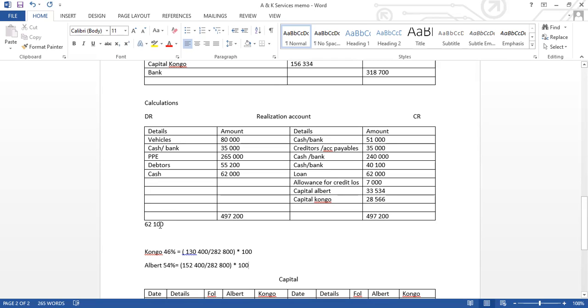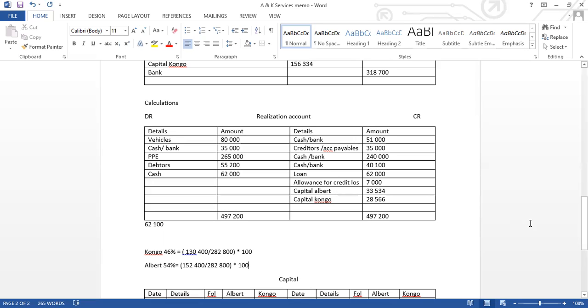And 62,100 times Albert's 54% will give you 33,534 as Albert's share of the 62,100. Do we understand till there? Yes. Okay. So just take note that when you are not given any profit sharing ratio, you need to find your profit sharing ratio based on their capital amounts.